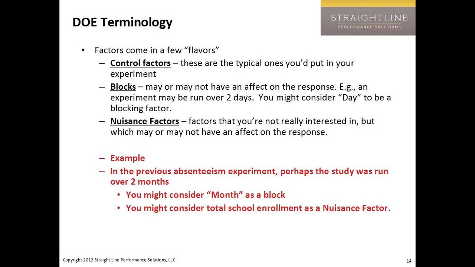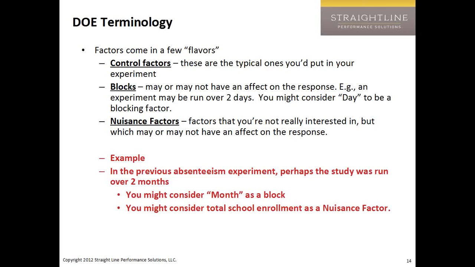All right. Blocks and nuisance factors, on the other hand, are things that you add in there because maybe you can't control them. You can't run a controlled experiment, but if you account for the variation that's there, it can help you better see into the variation of the control factors so that you can actually see how much the control factors really do affect things.